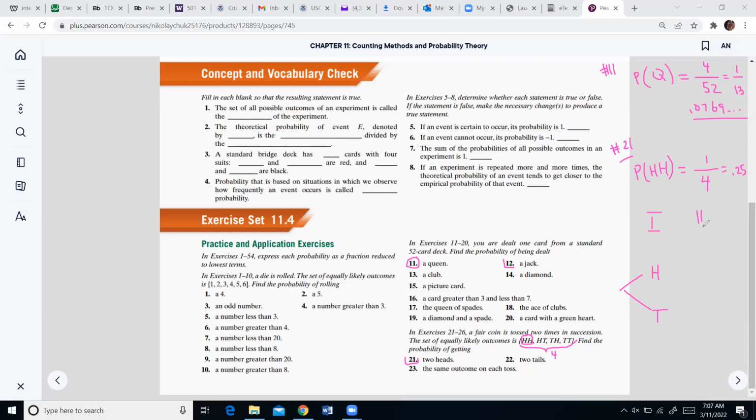Or you can flip it once again, and guess what? It's also going to be either head or tail. So what I'm doing right now is producing a little so-called tree diagram to list all of the possible outcomes.